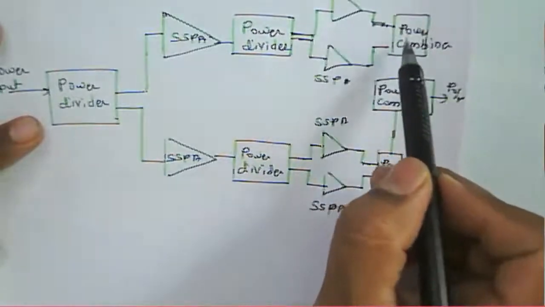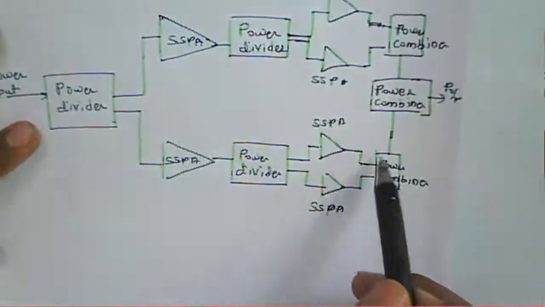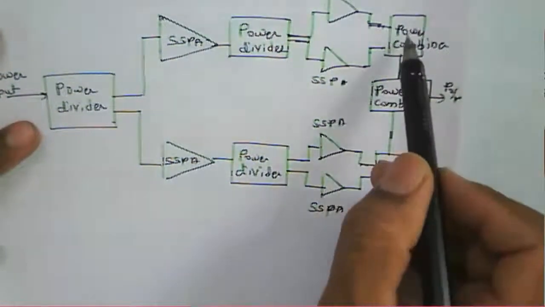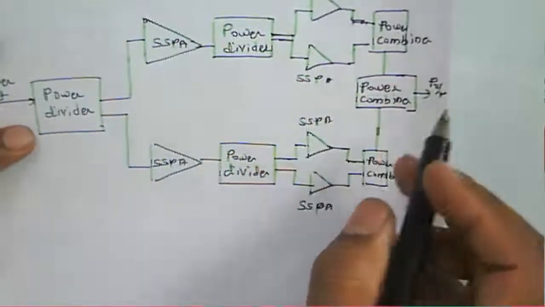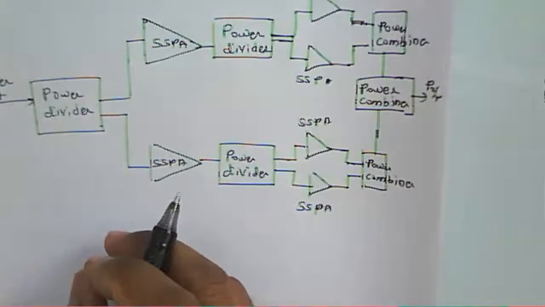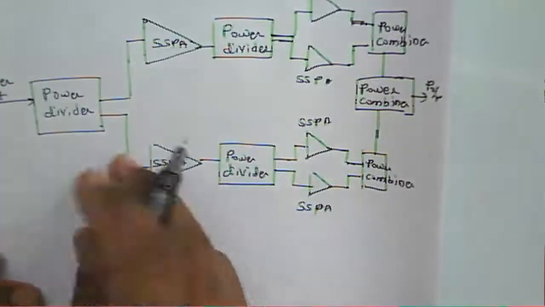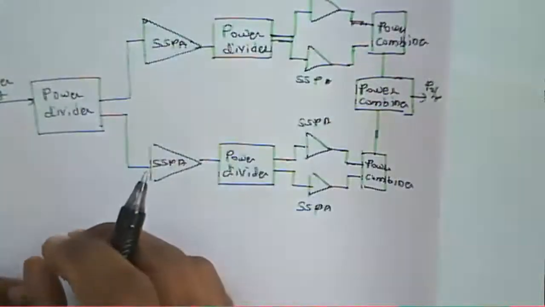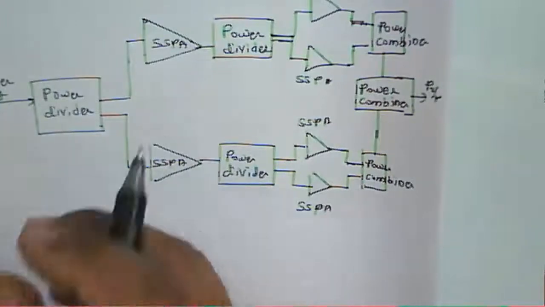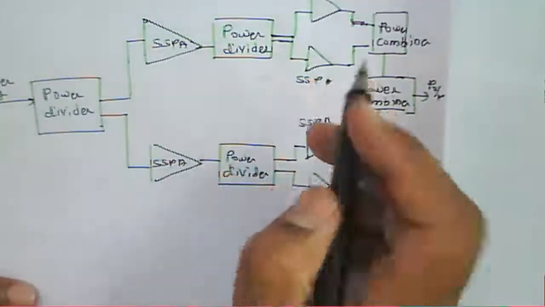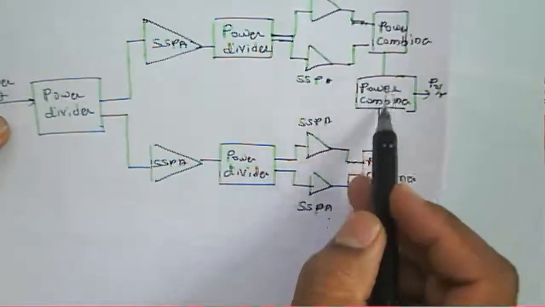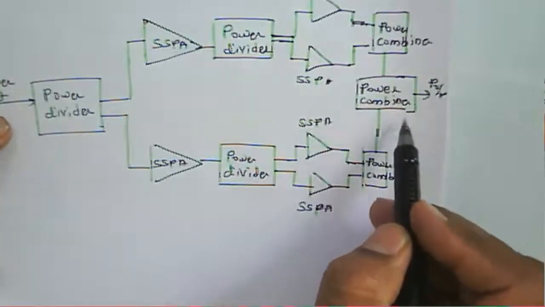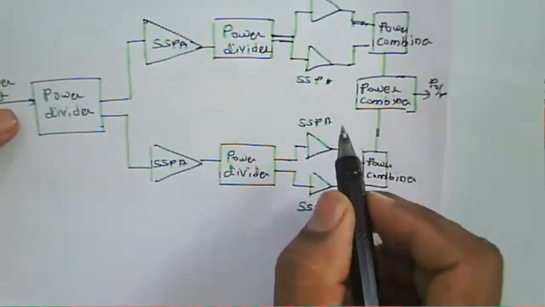Then both outputs will be combined, and then again combined, so that we get a high output power. So this means that we are dividing and combining the power. The output of this combiner is again combined, and because of combining the power, we get the large output power there.